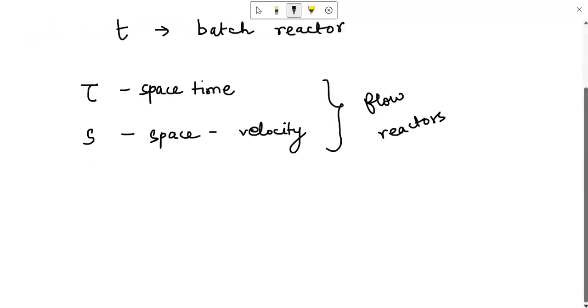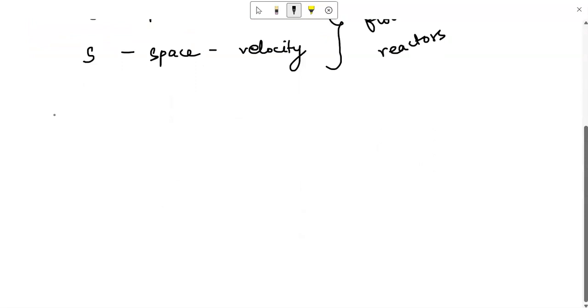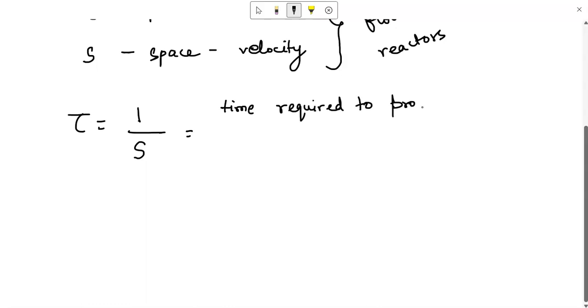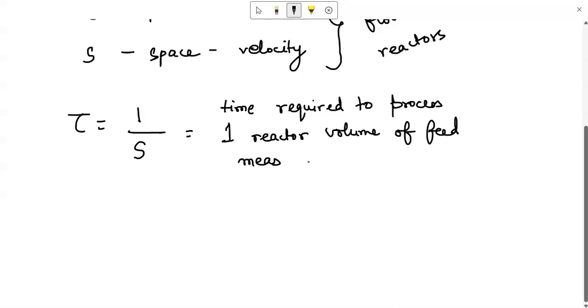Okay, so first we'll talk about space time or tau. Tau is also the reciprocal of space velocity, and it is defined as the time required to process or react one reactor volume of feed measured at specific conditions.